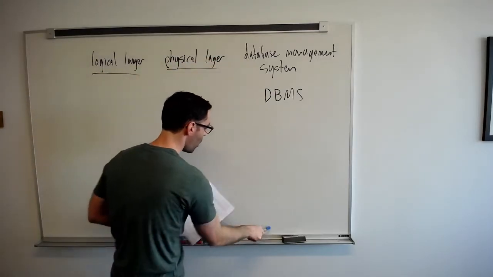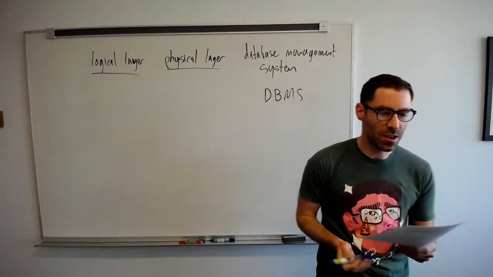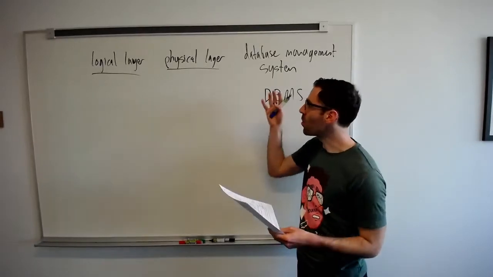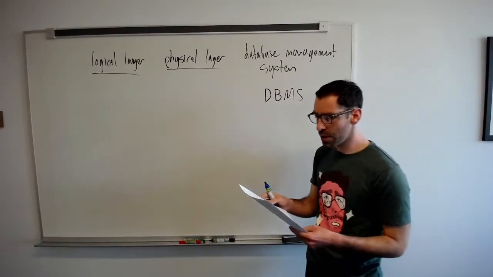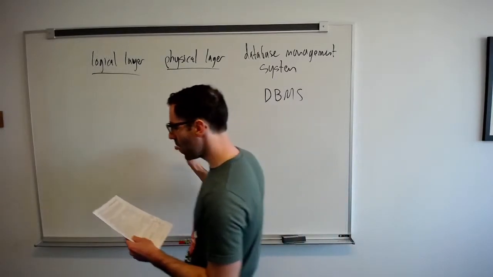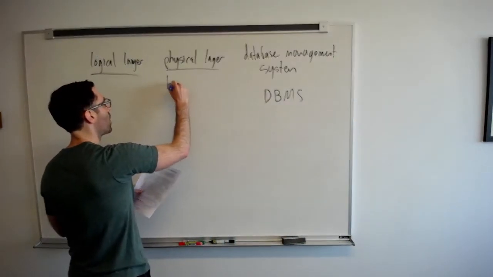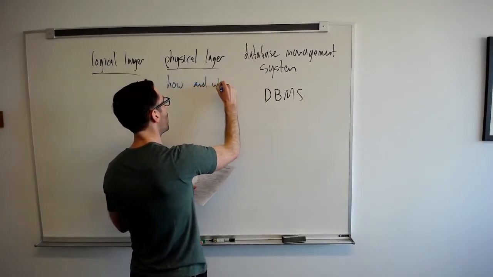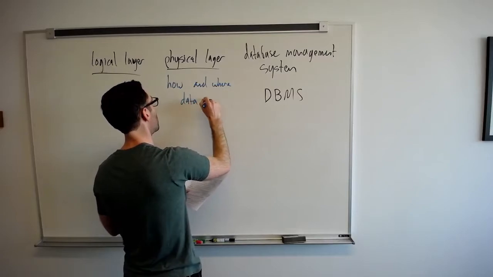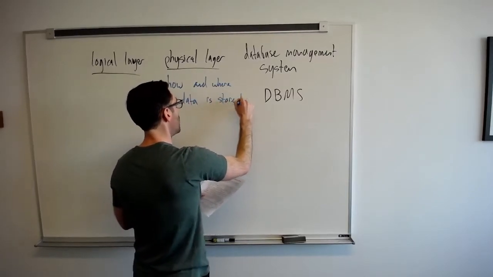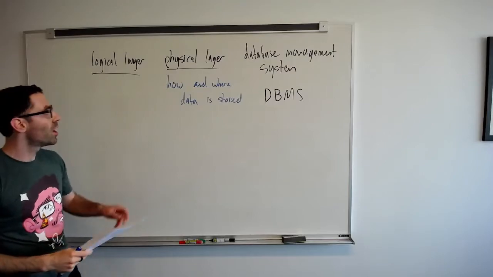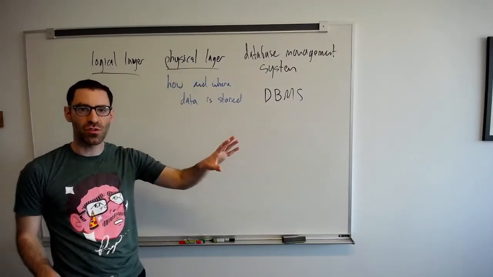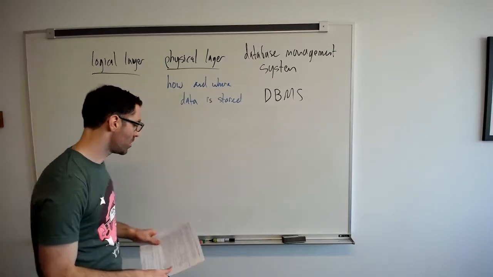And our physical layer is the actual computer system that our database is running on. It's controlling how and where data is stored. So in the previous example, the physical layer is those CSV files. That is what is controlling how and where the student data was stored.